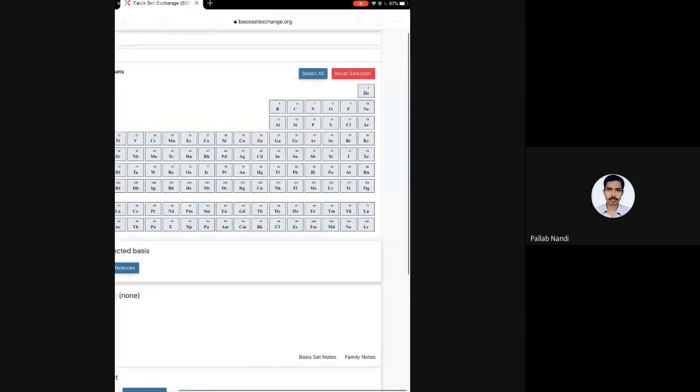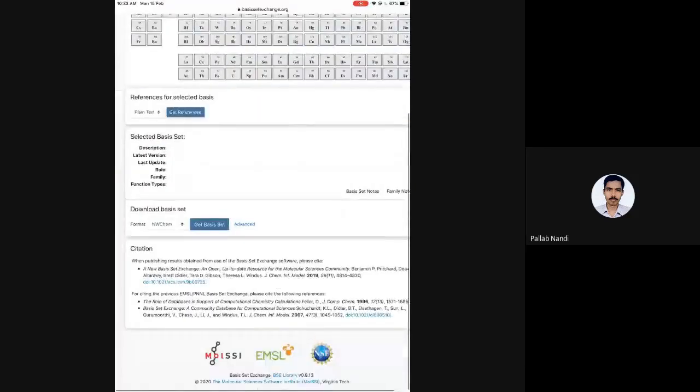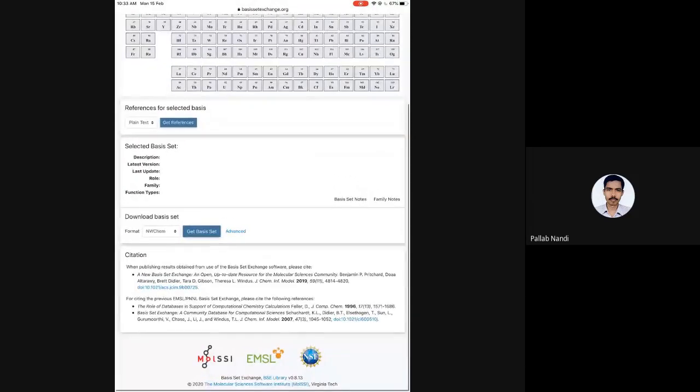And there you have the periodic table, and say you want the basis set. Say your molecule is magnesium chloride. So then you choose magnesium. Then you have to choose the format.